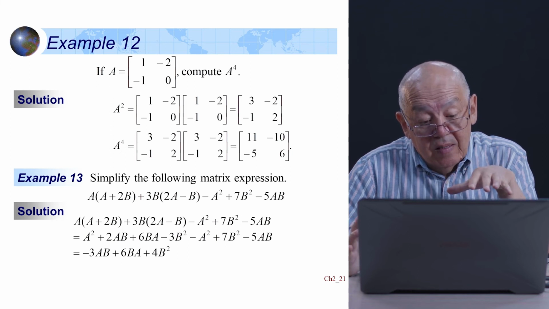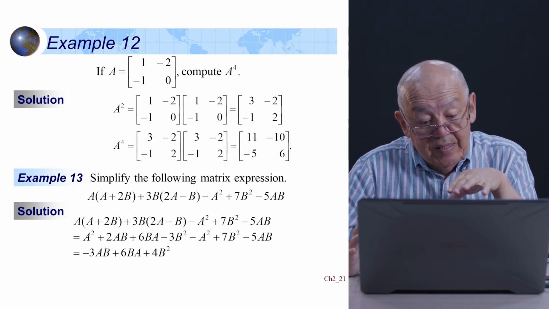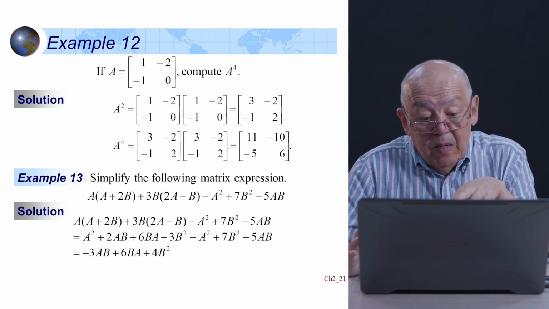You should stop here. Some students make a mistake at this moment, using the wrong commutativity property. It's not true for matrices. So it's not 4B squared plus 3AB.